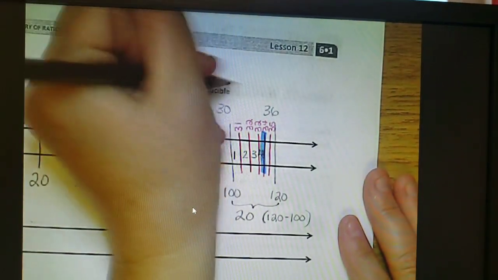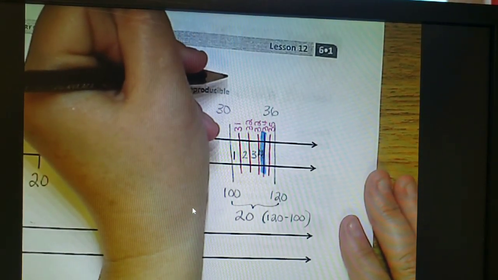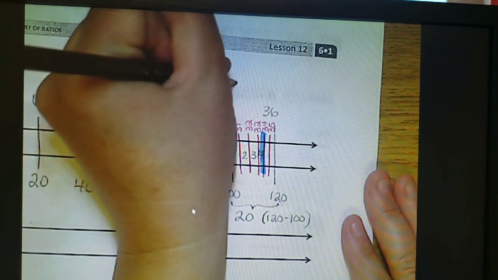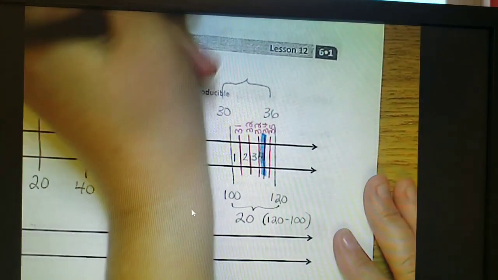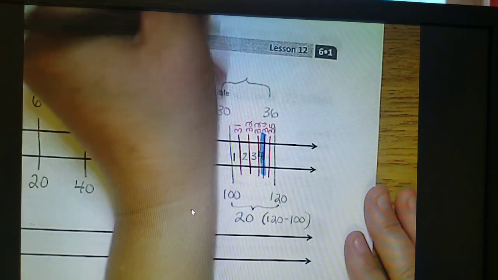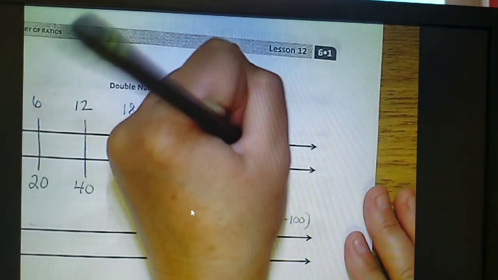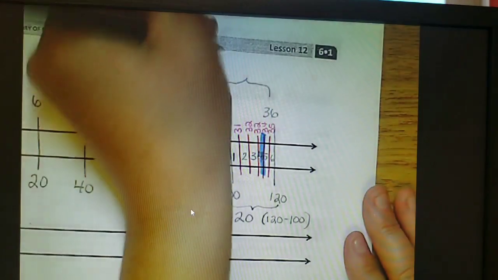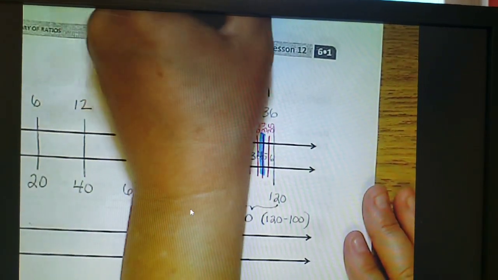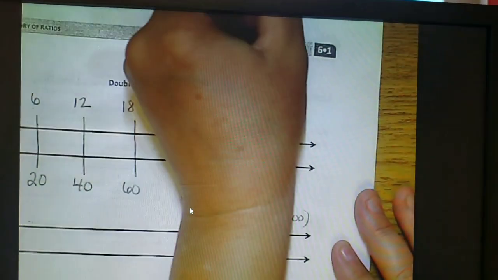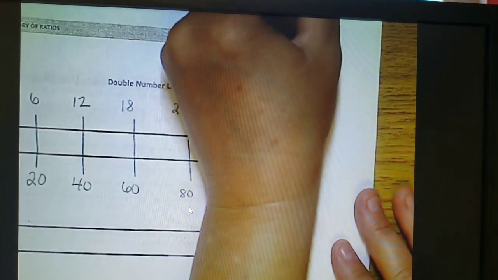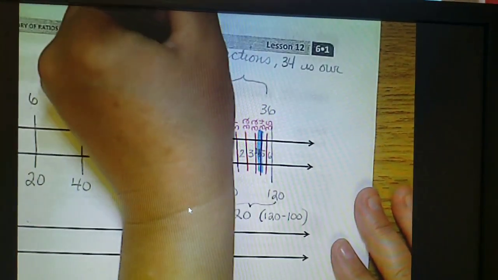Okay, so we have added this piece in here. From 30 to 36, there's 6 sections. So actually we can write in the 5 and the 6 so we can see. Okay, there's 6 sections. Okay, 34 is our 4th section.